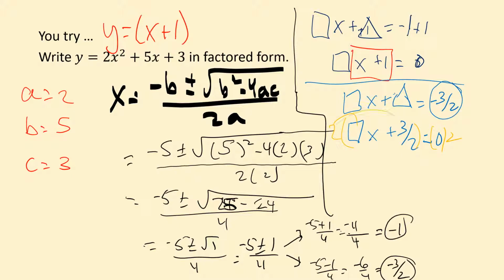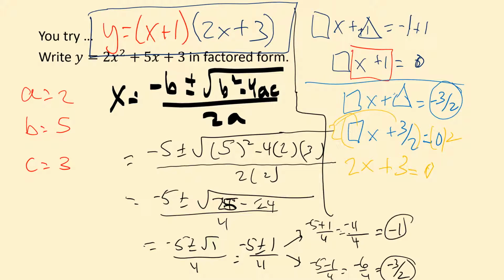When I distribute, I get 2x plus 3 equals 0. And that gives me my other factor of 2x plus 3. And I got my answer. So that is how you can rewrite an equation in factored form if you know the zeros of your quadratic.